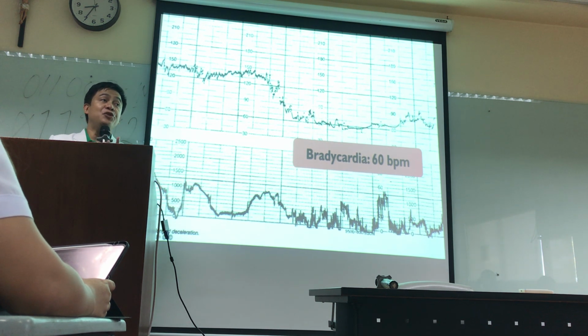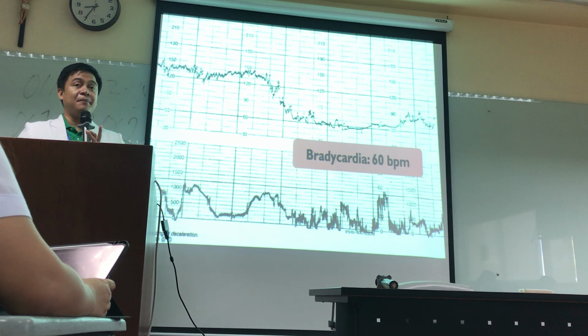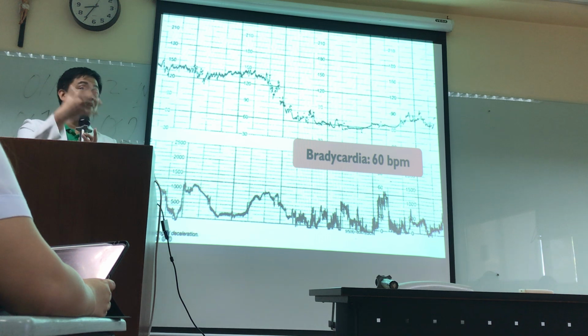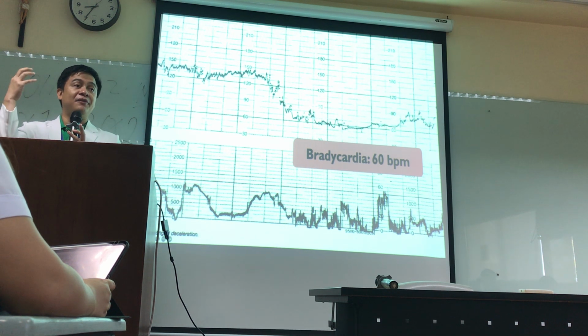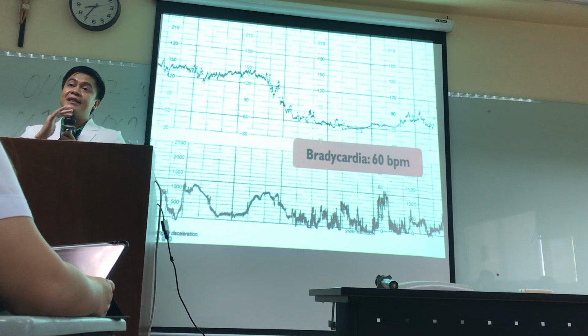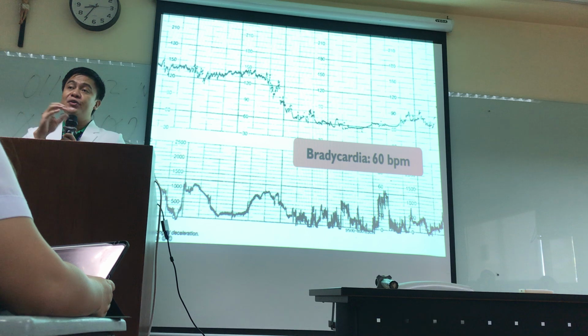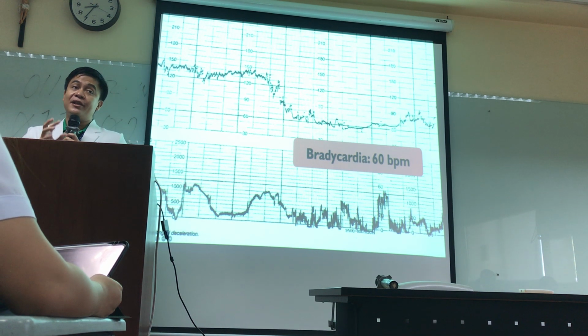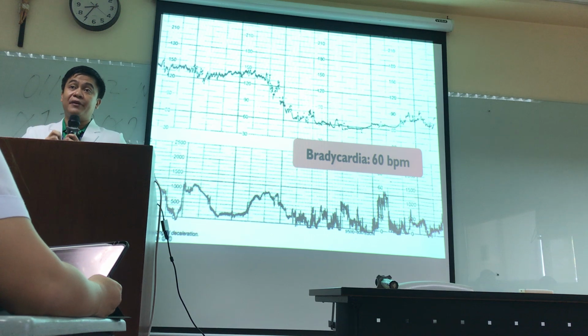Okay? Now that you know your baseline fetal heart rate, malalaman na natin kung meron ba siyang good variability, if there is acceleration and deceleration. No? So it's very important to establish your baseline fetal heart rate because you need that information to be able to recognize accelerations, decelerations, and variability.